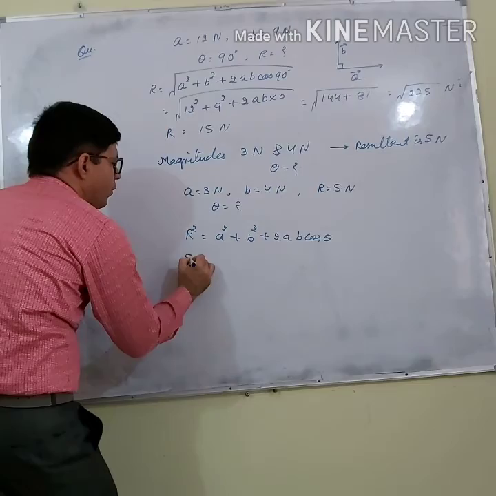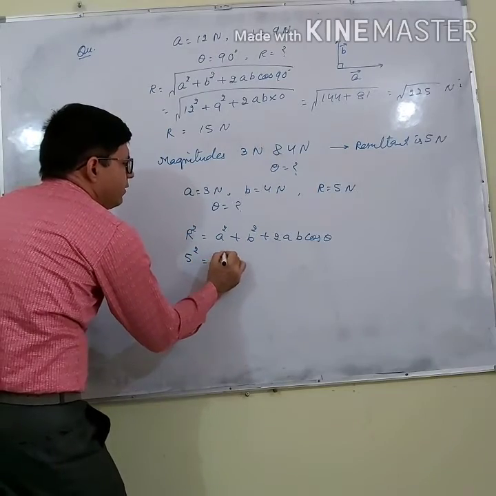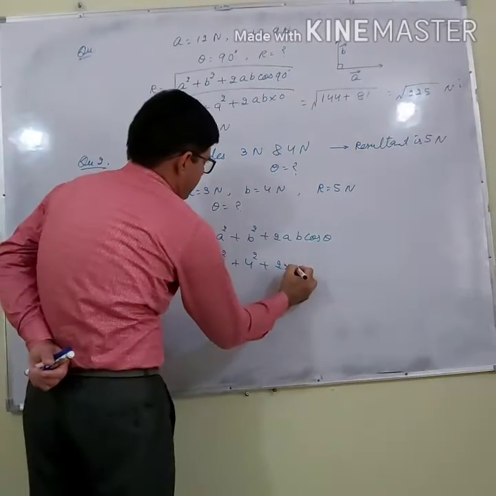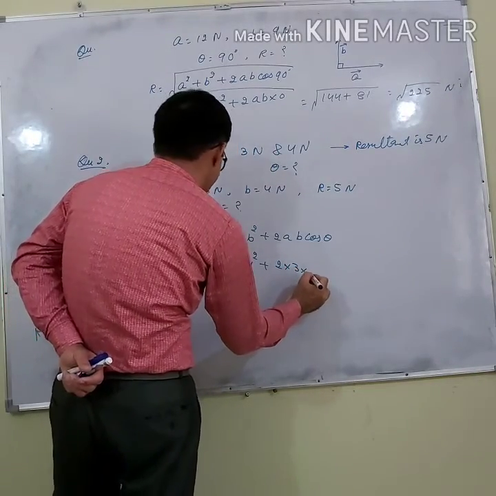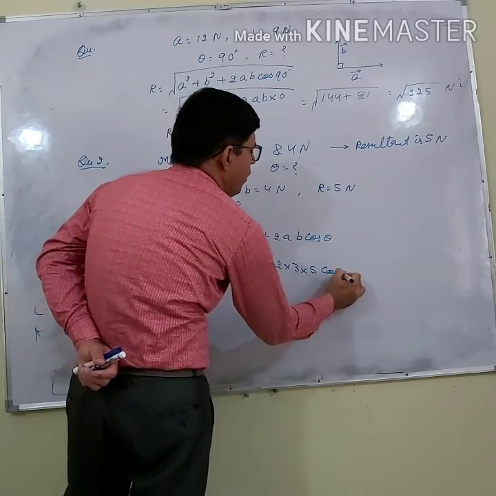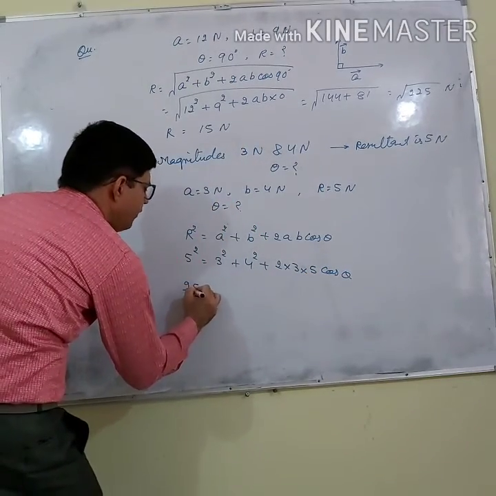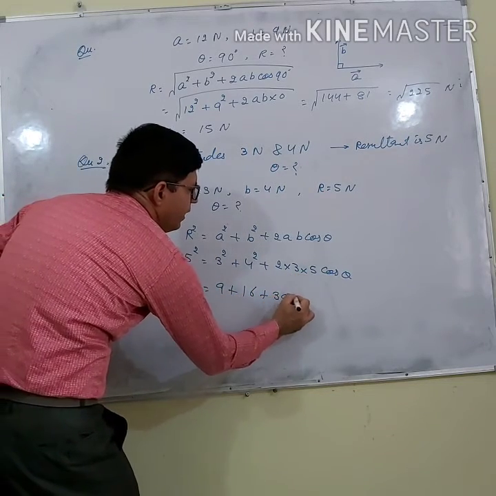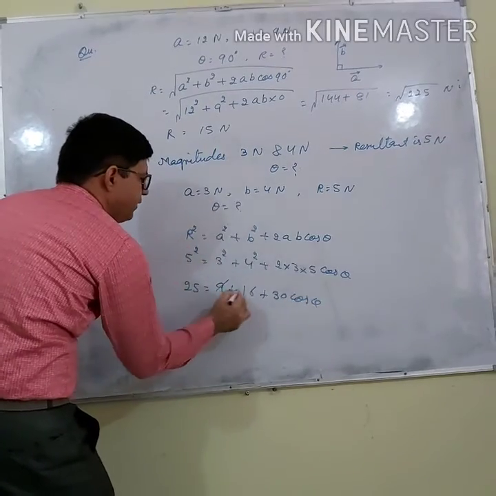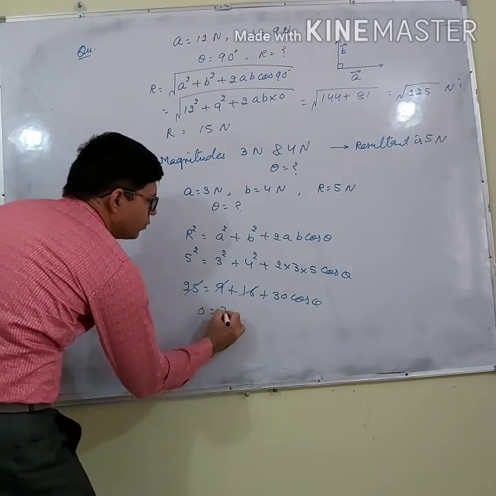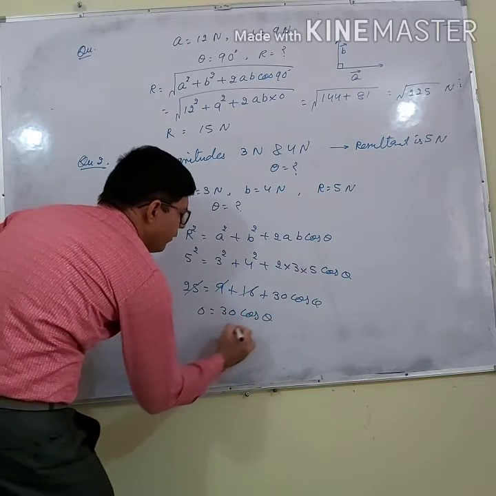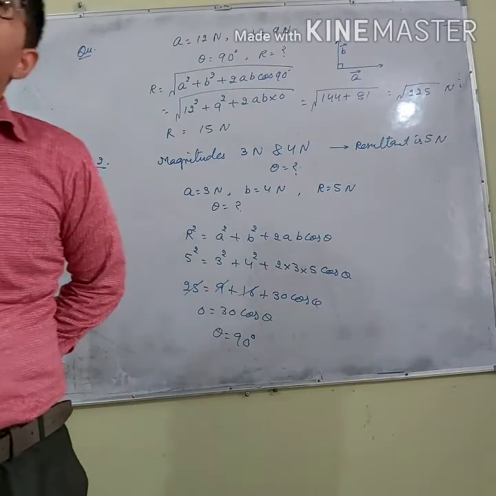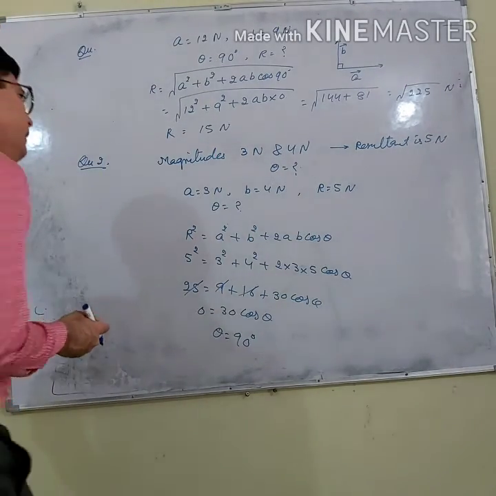What is R? 5 square equals 3 square plus 4 square plus 2 times 3 times 4 cos theta. 25 equals 9 plus 16 plus 24 cos theta. 9 plus 16 is 25, so it is 0. 24 cos theta equals 0. What does it mean? Theta is 90. Alright? So it means theta is 90 degrees.